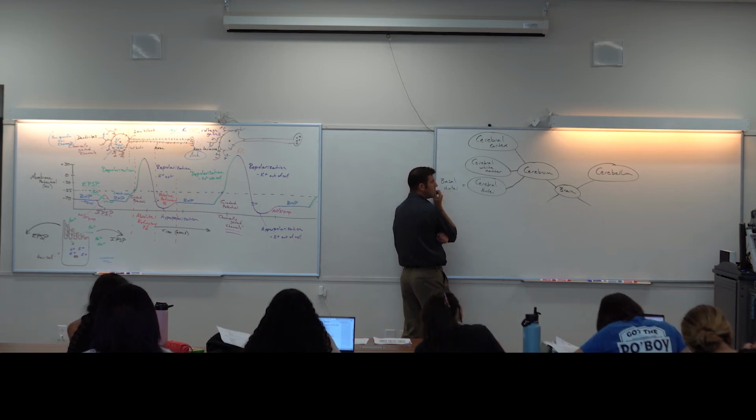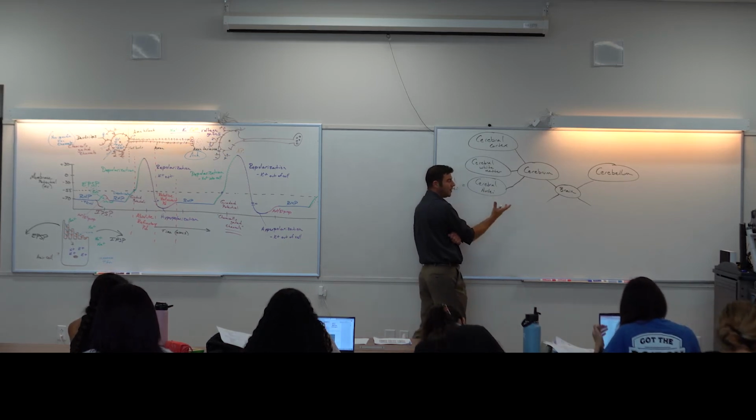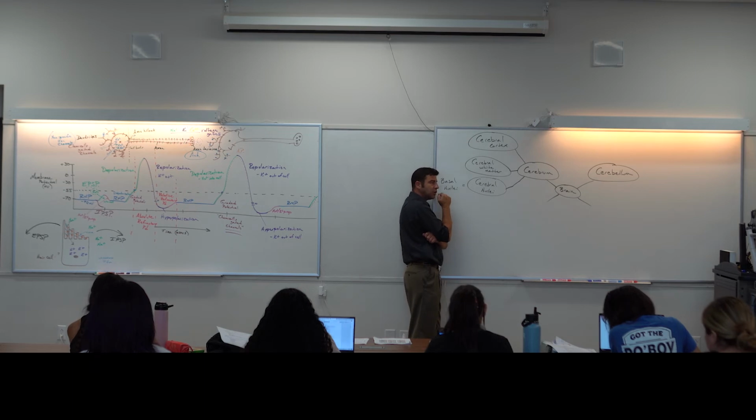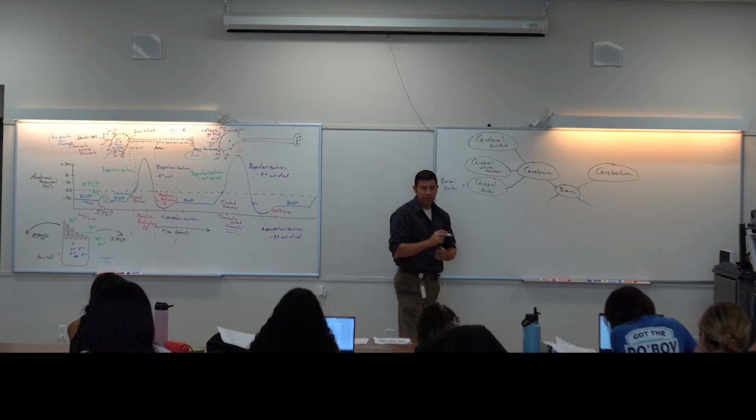When we were talking about the brain and spinal cord, we said the term nucleus or nuclei refers to a collection of cell bodies and dendrites in the brain and spinal cord. We also said that a collection of dendrites and cell bodies in the brain and spinal cord are not going to be covered in myelin.